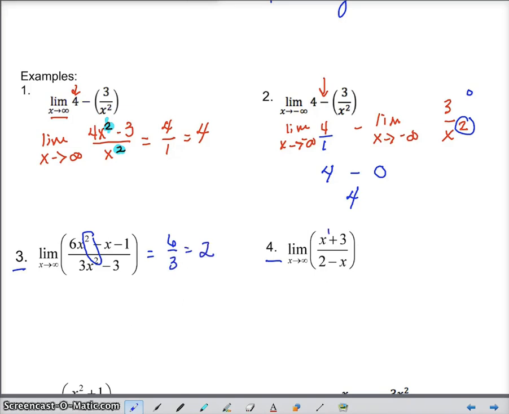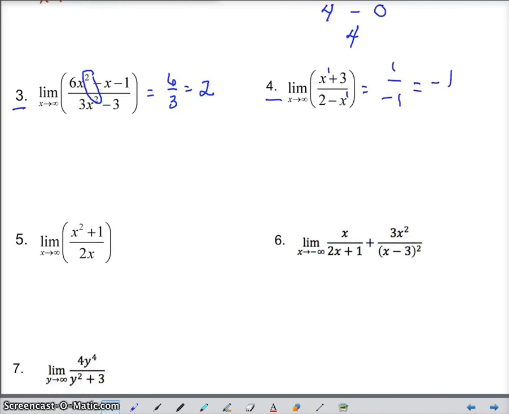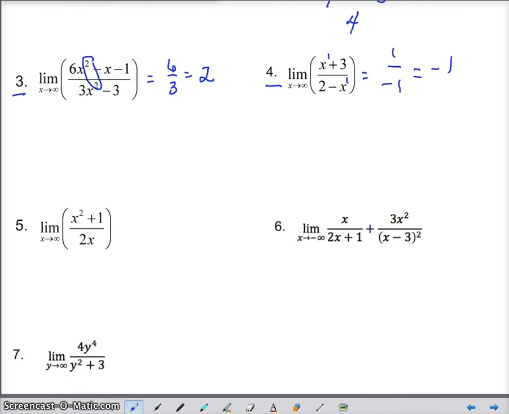In number 4, the degrees were equivalent, so the limit is the ratio of the leading coefficients, or -1. In number 5, the function is top-heavy, therefore the limit does not exist.